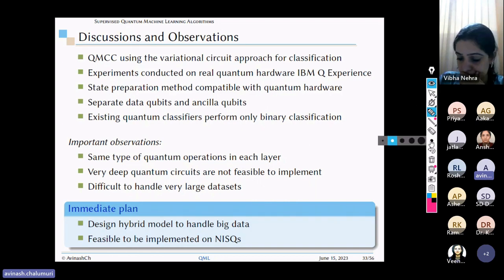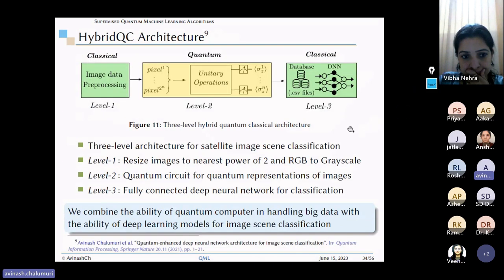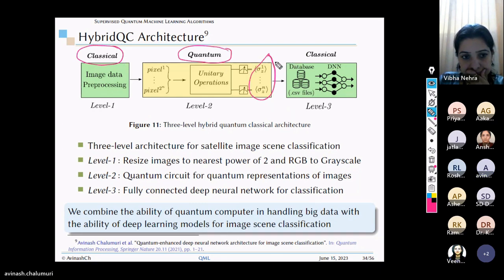So what we plan to do is use hybrid models to handle huge amounts of data, which are feasible to implement on present quantum computers. So this is the idea. We take some data, process it using quantum, and then use that data to train a classical neural network. That's simple.